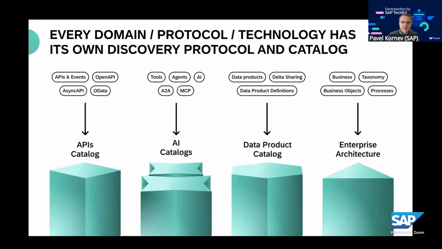And another problem is catalogs. So it's not only that we develop new APIs and acquire companies with APIs and things like that, but also technology is not stopping, it's evolving. And things like AI with A2A or MCP are in the hype right now, or data products. So these things appear in the technology landscape, right? So we don't want to change the base foundation, how we share metadata between our services and applications, for every high technology which appears.